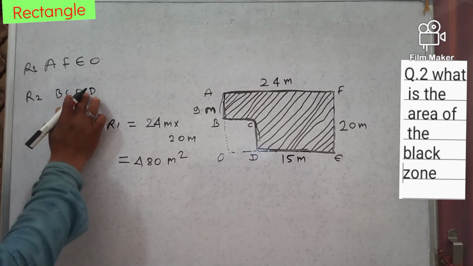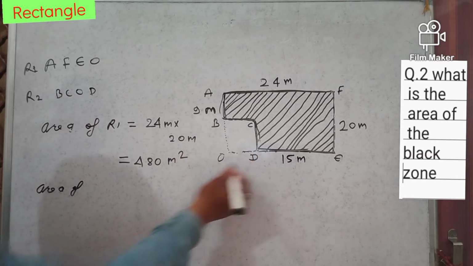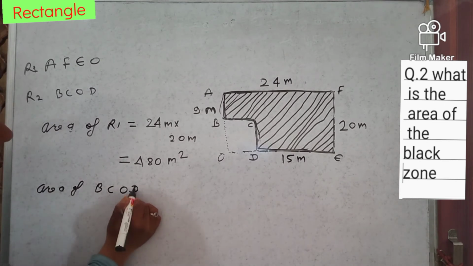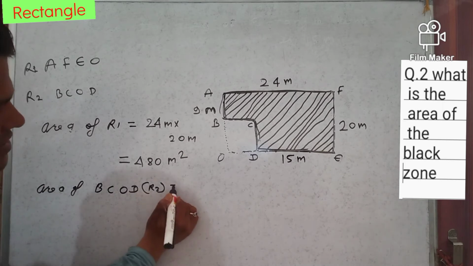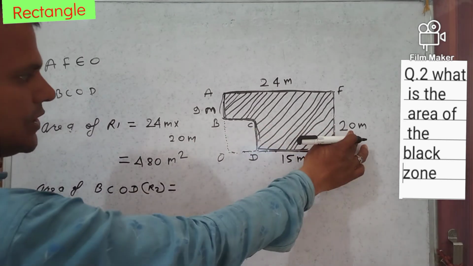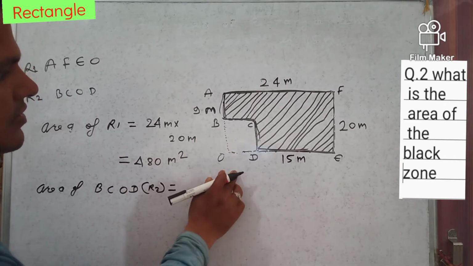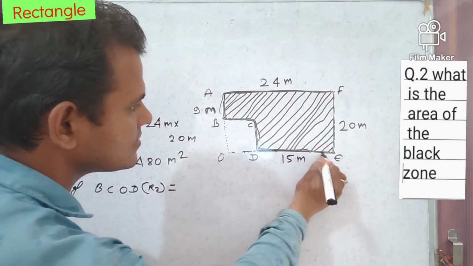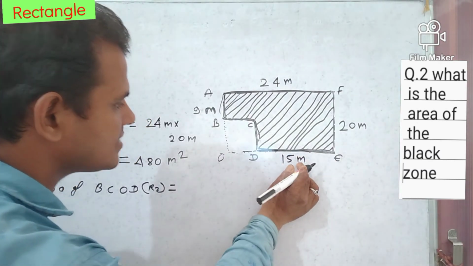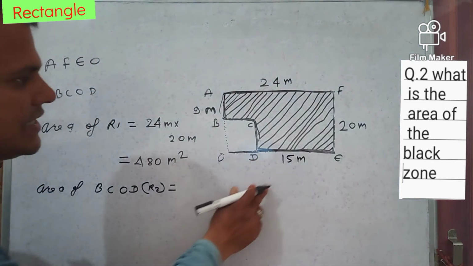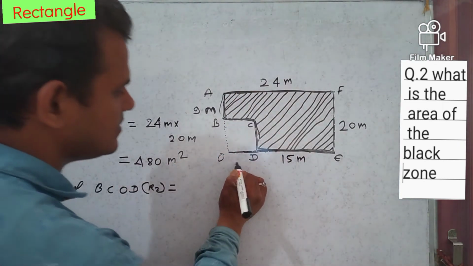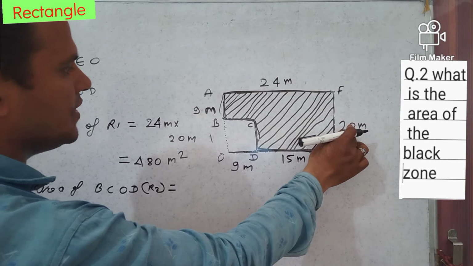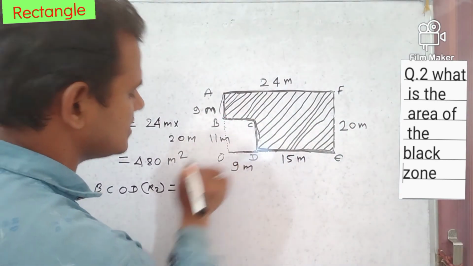Now the area of BCOD, R2, is equal to: the total length is 20 and the breadth is 24 minus 15, because here is 15 meters, so what will be here? 24 minus 15 will be 9 meters, and 20 minus 9 will be 11 meters.